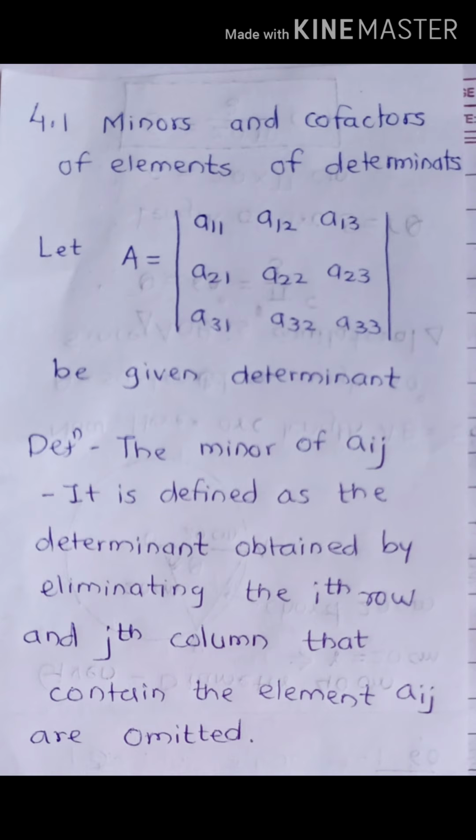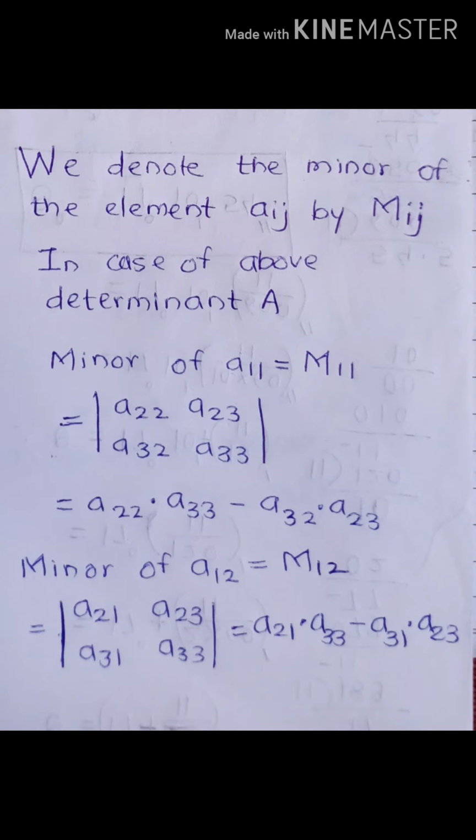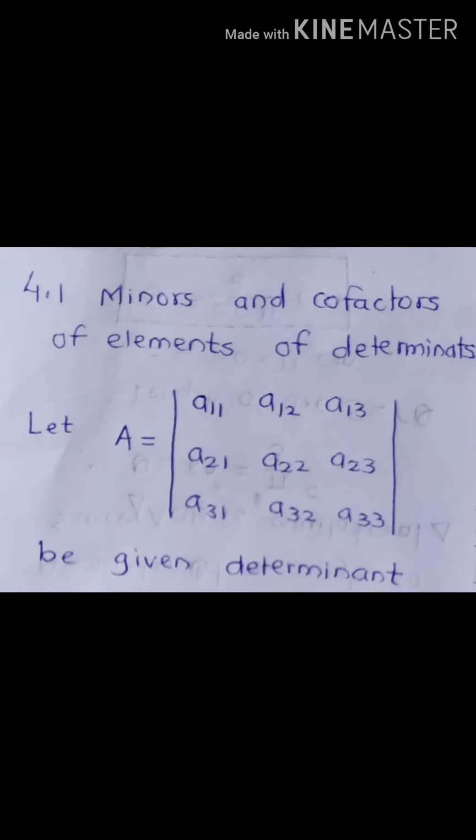determinant A has minors in the following way. Minor of Aij is equal to Mij. Here in the determinant, for the first element A11, the minor M11 is found by eliminating the first row and first column.